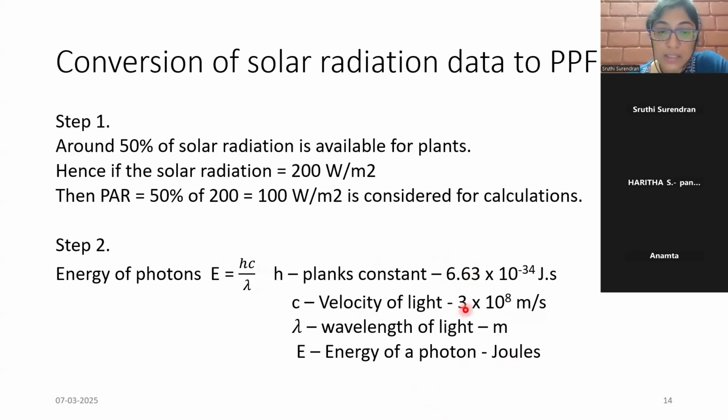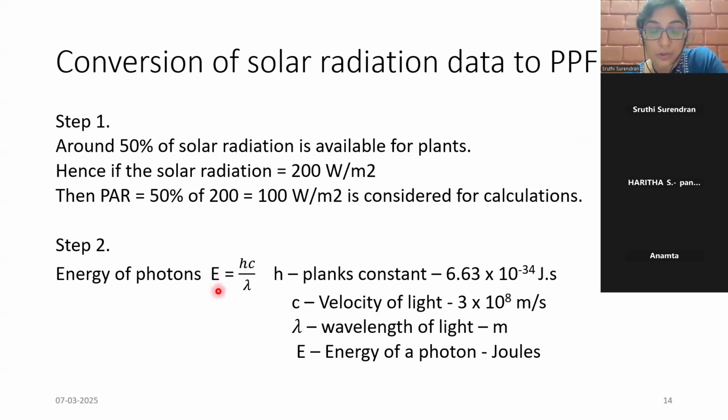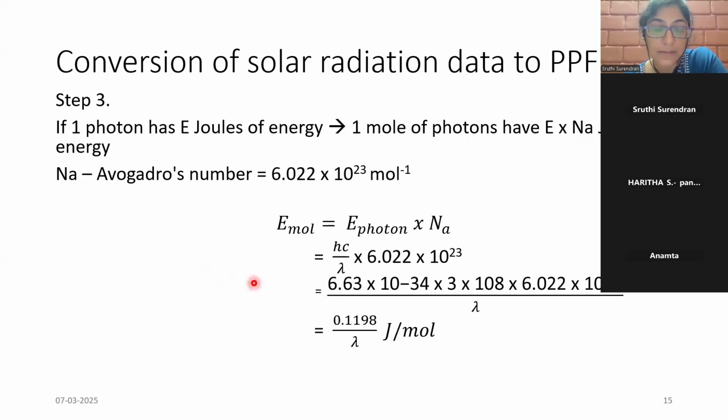So if we substitute these values in this equation, we get that one photon has E joules of energy, then one mole of photons will have E into Na joules of energy. So now we got the energy of one photon, which is given by this Planck's equation.